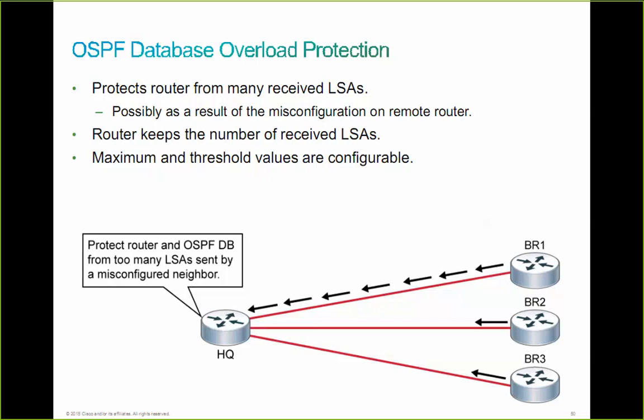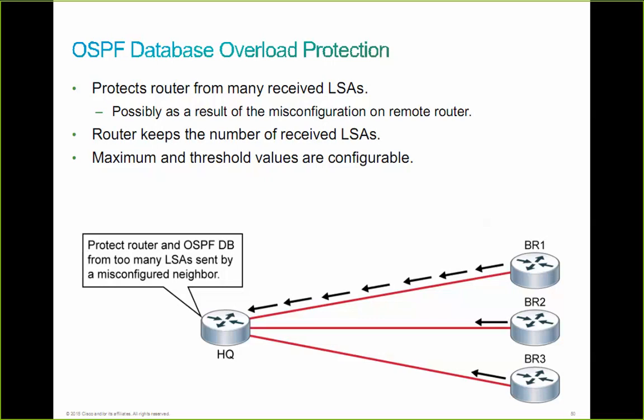Now, I will say, in my experience, because we're running things like authentication and we're running a secure routed environment, I don't typically concern myself too much with this overload protection feature. And I'm assuming that none of you guys have implemented that feature in your environments either, but maybe something to consider.